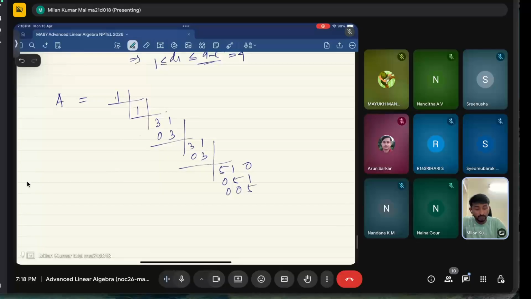So clearly, 2 plus 2 is 4, 4 plus 2 is 6, 6 plus 3 is 9. This is a 9 by 9 matrix, and I am writing it in block form.